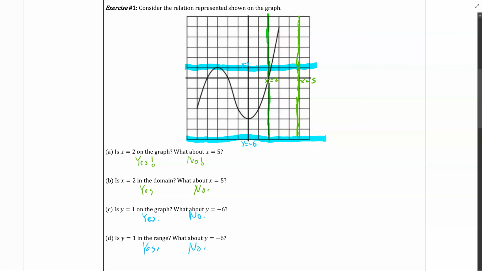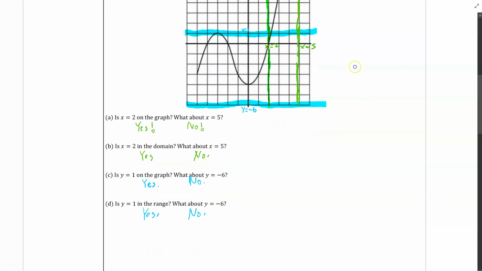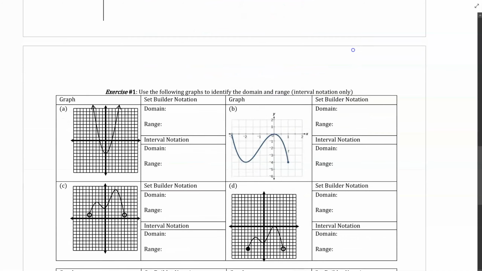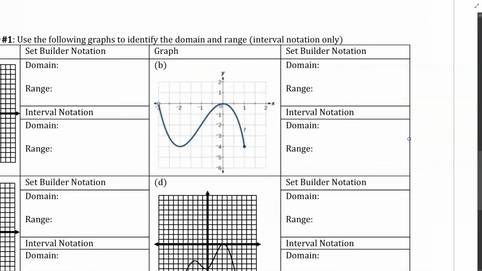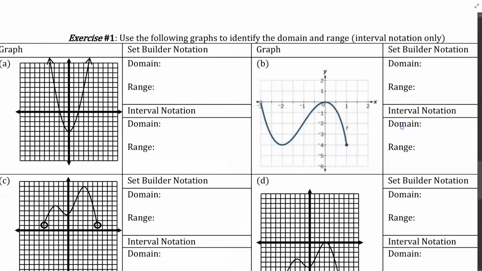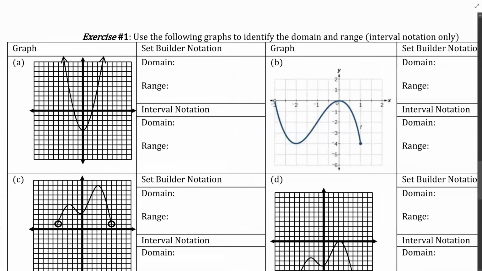Okay, let's go ahead and move on. So with that said, we can now use our interval notation to start describing domain and range. We're not going to really be working with set builder notation.